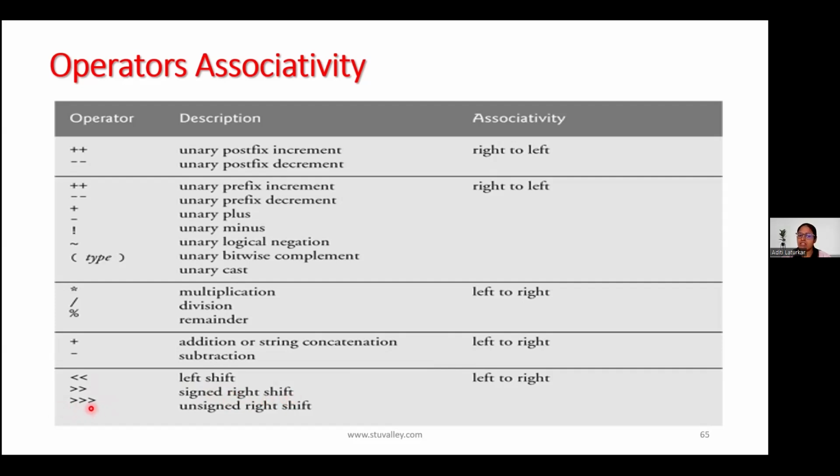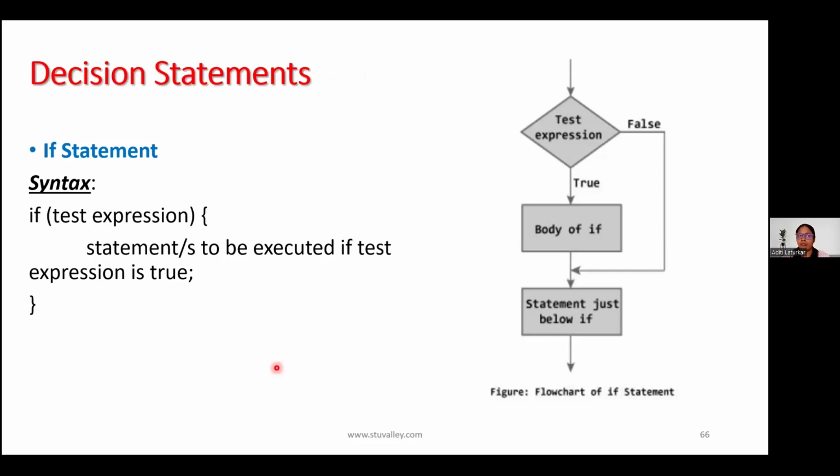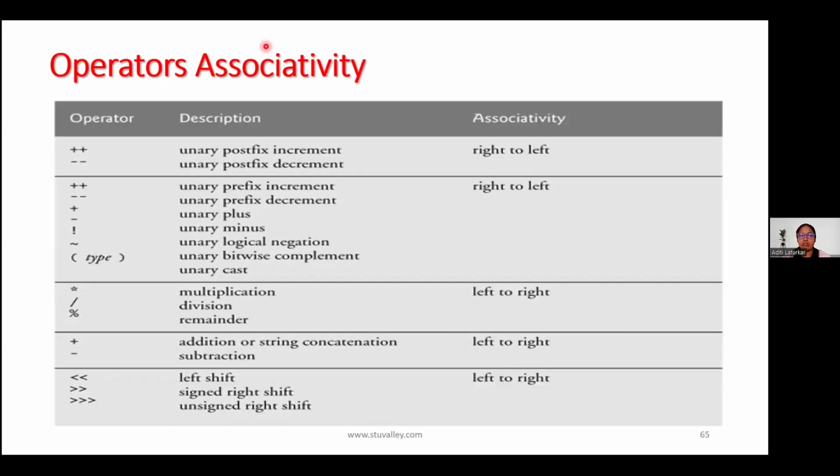This is the last, unsigned right shift. यहाँ पे sign नहीं रहेगा. ठीक है, 3 right shift operators are there. This is only used for right shift. Okay, left to right. All these are associativity related to how the operators perform their operations. Clear? Any doubt till here?